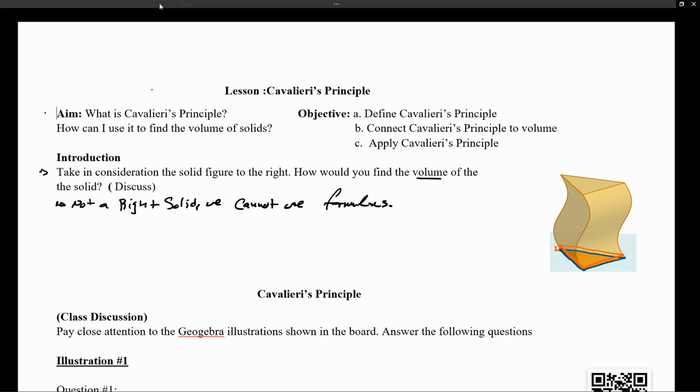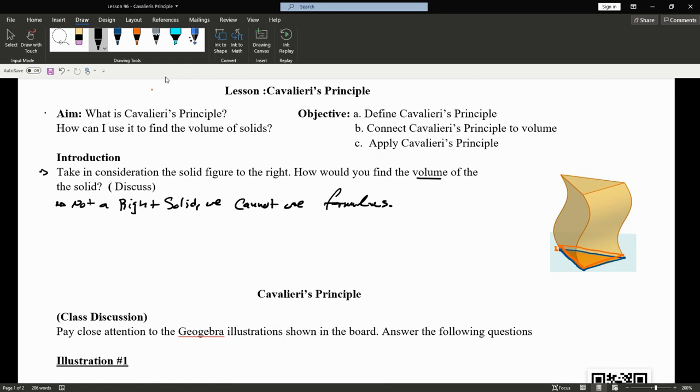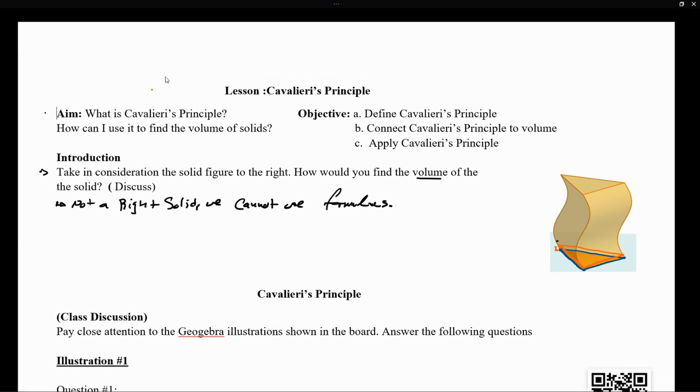And once we have found the area of the second triangle, I go a little bit on top of it and I find the area of this other triangle. Now notice that by finding a lot of areas and adding them up, all I'm doing is finding the volume of this figure.